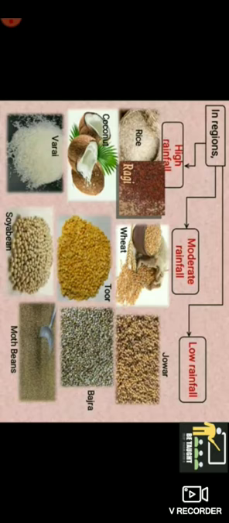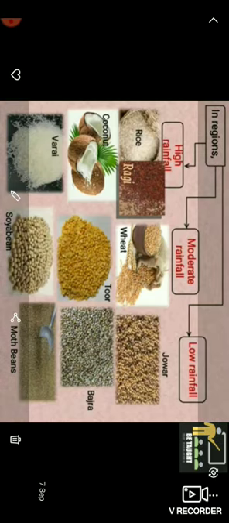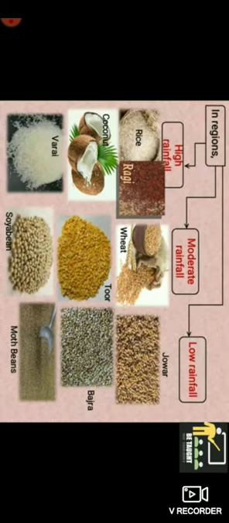In a moderate rainfall region, wheat, tur and soybean are grown. Next one, in a region where there is low rainfall, the crops grown are jowar, bajra and moth beans.